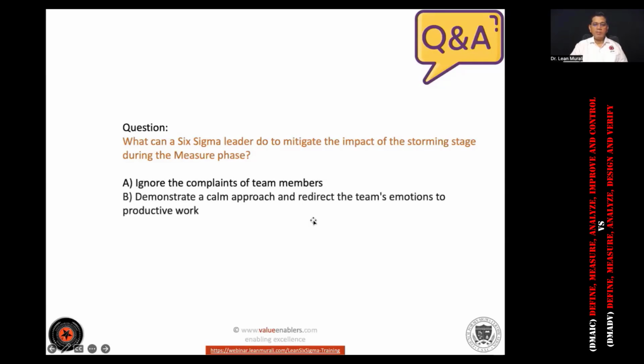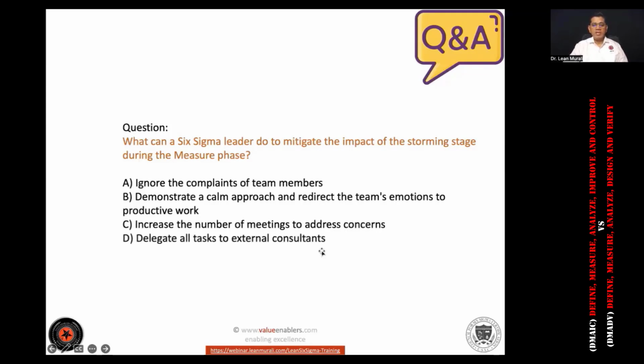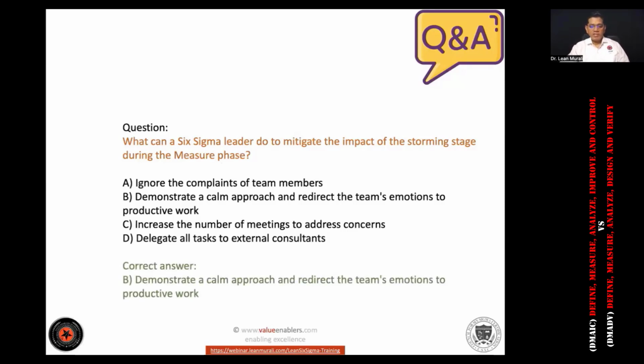Ignore the complaints of the team members; demonstrate a calm approach and redirect the team's emotions to productive work; increase the number of meetings to address the concern; or delegate all tasks to external consultants. The answer seems to be logical, right? Any logical person can answer this. So demonstrate a calm approach and redirect the team's emotions to productive work.